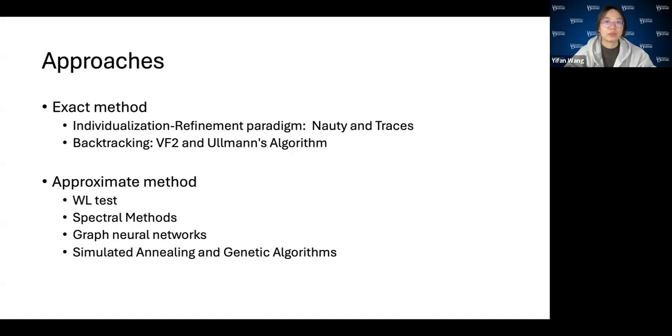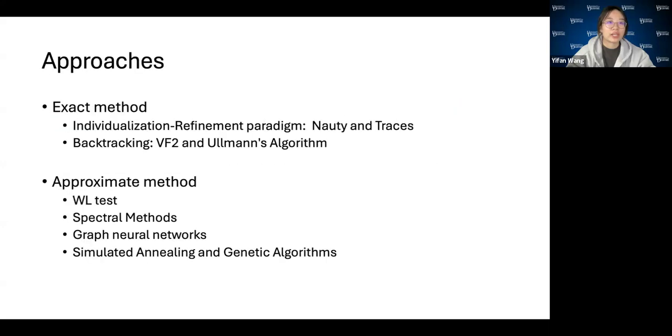Although the WL test is efficient, it may fail on some complex graph structures. Spectral methods often use the eigenvalues of the graph matrix, for example, the adjacency matrix. They compare these matrices to identify possible isomorphism between them.